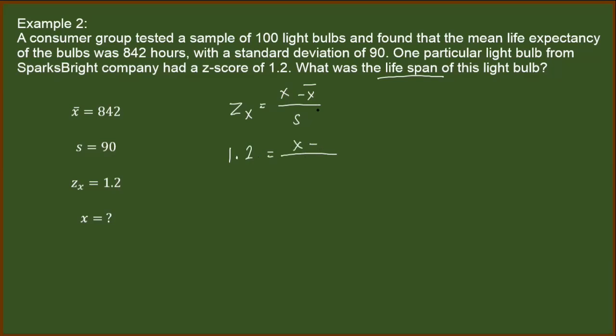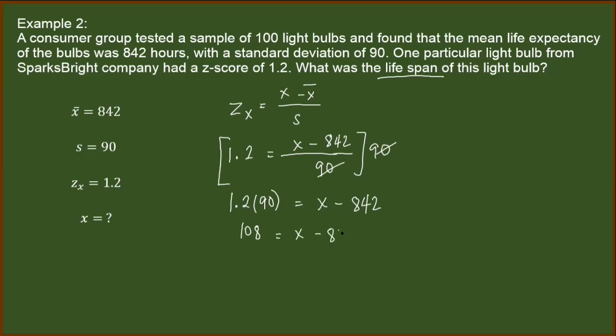X is the unknown. And the standard deviation is 90. So we will solve for x. First, we multiply the entire equation by 90. This will be 1.2 times 90. As for the right side, 90 will be eliminated, leaving us with x minus 842. Multiply these two numbers, we will have 108 equals x minus 842.